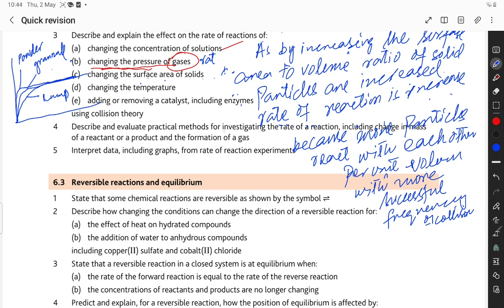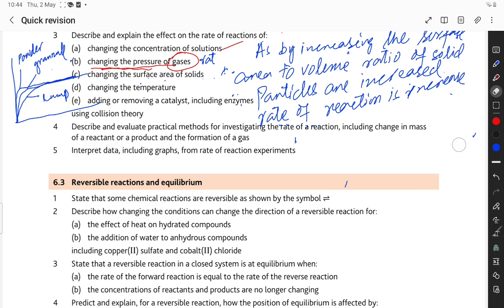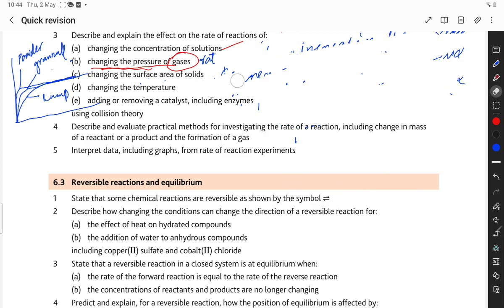Describe and evaluate practical method for investigating the rate of reaction including change in mass. In the previous 2023 May June paper, there is a question in which the examiner asks you to find out how to measure the rate of reaction other than the formation of gas.